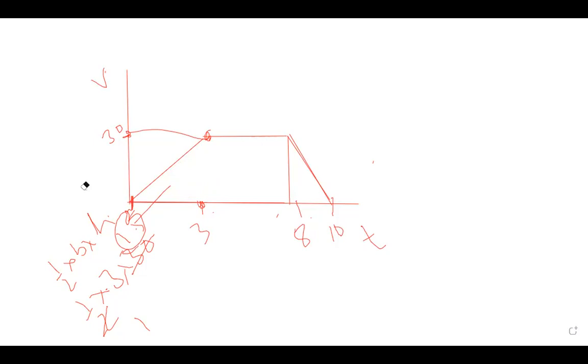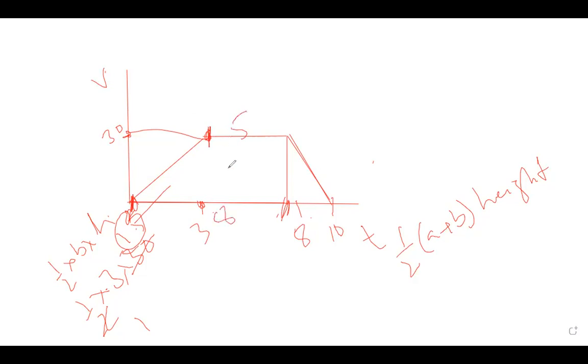Calculate the area of the trapezium. We have a formula for the area of the trapezium: A plus B times height divided by 2. A plus B means the sum of the parallel sides. One side is from 0 till 8, and the other from 3 till 8, this will be 5 and this will be 8.